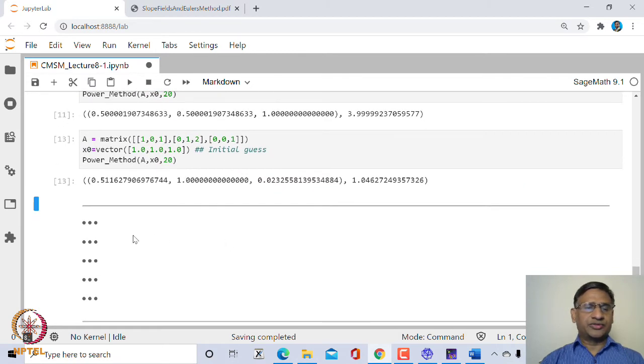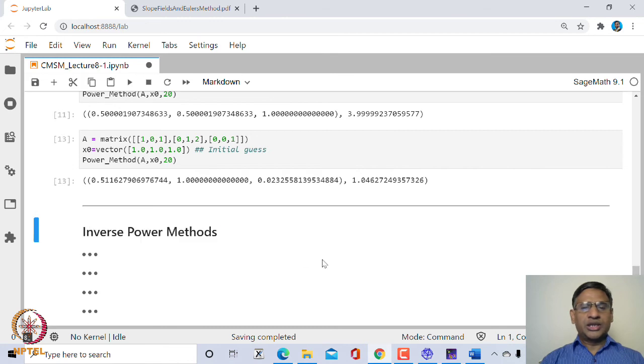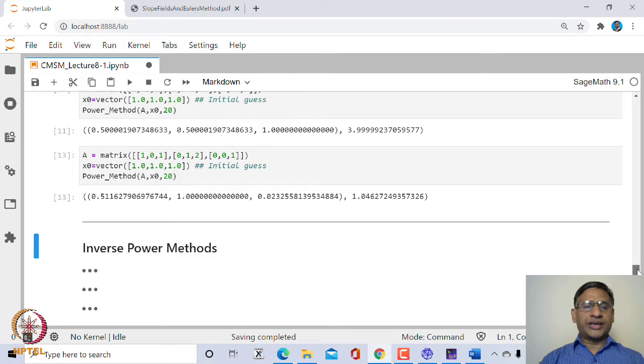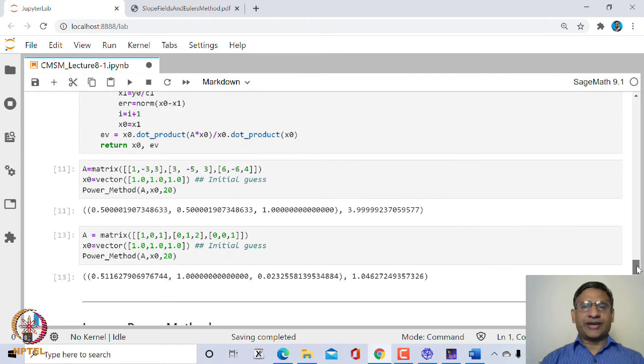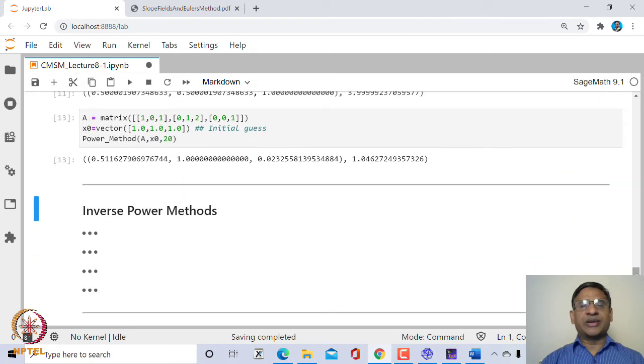Now suppose you wanted to find, let us say, the smallest eigenvalue, and let us assume that the matrix is invertible, therefore all eigenvalues are non-zero. Therefore it will have a smallest and largest eigenvalue, of course in mod, and we assume that all eigenvalues are real.